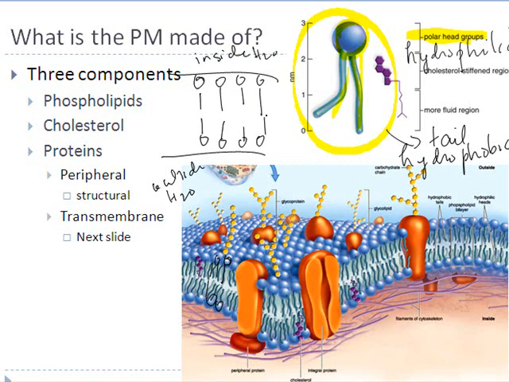Besides this bilipid layering, the bilipid layer is embedded with certain other molecules, called phospholipids, and cholesterol is also another one that is embedded in here.